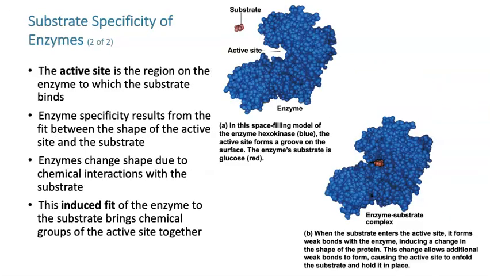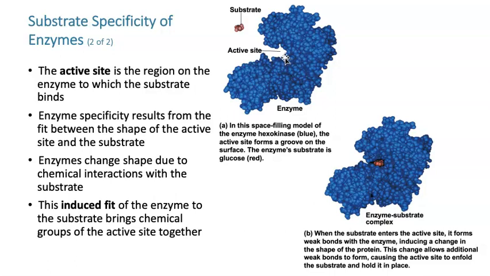So let's take a look at how that substrate binds to the enzyme and what happens next. So here's our substrate, and here's something called the active site. And the active site is the region of the enzyme where the substrate binds. If the substrate bound over here, then this would be the active site. But this is where the substrate goes, so that's our active site.